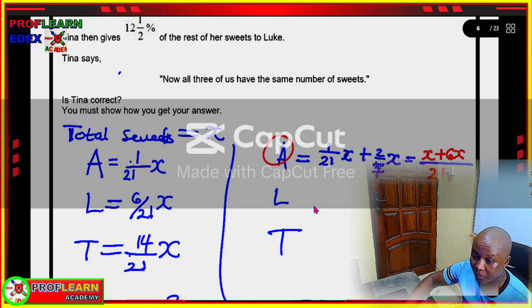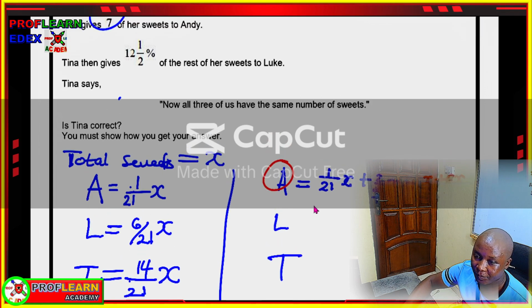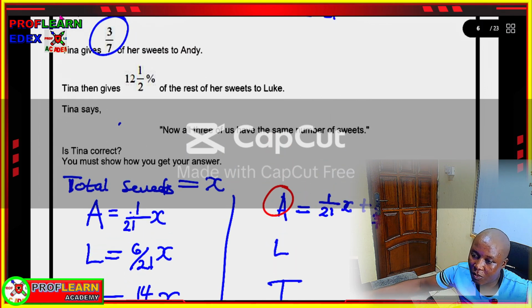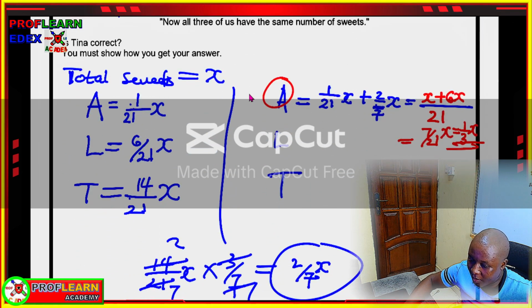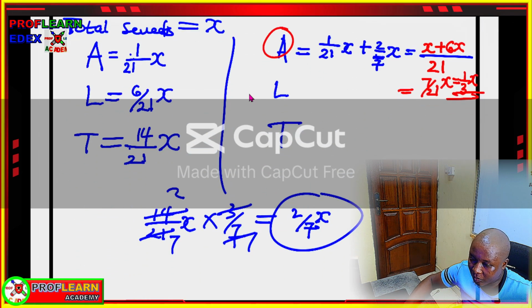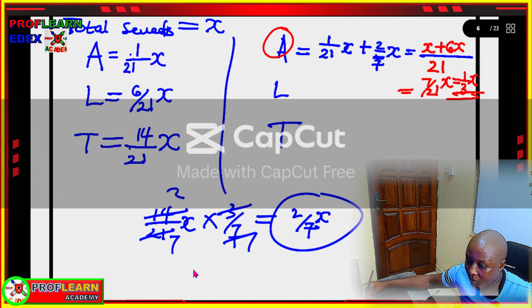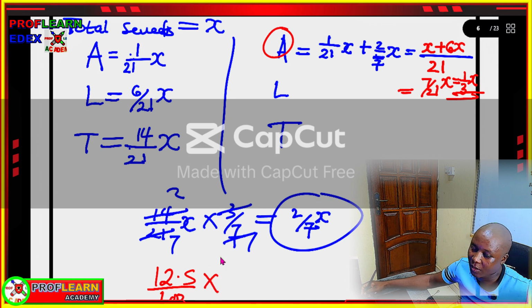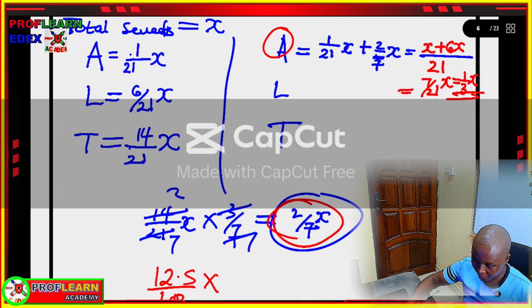And then we are told that Tina gives 12.5% of the rest of her sweets to Luke. So 12.5 over 100 times, after giving this, what did Tina remain with?